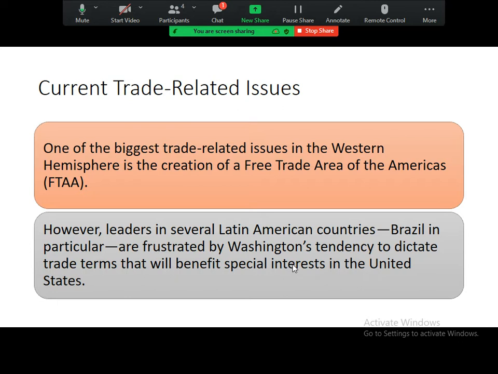Now, Brazil and its Mercosur partners are advocating a slower three-stage approach to negotiating with the United States. The first stage would include the discussion of business facilitation issues such as standardization of customs forms and industry deregulation.